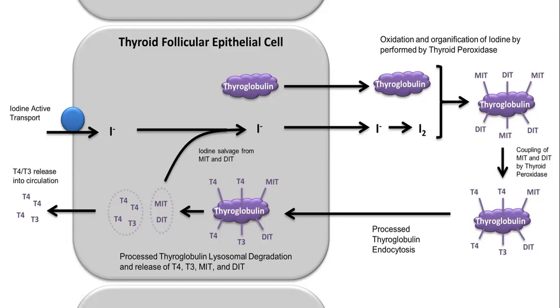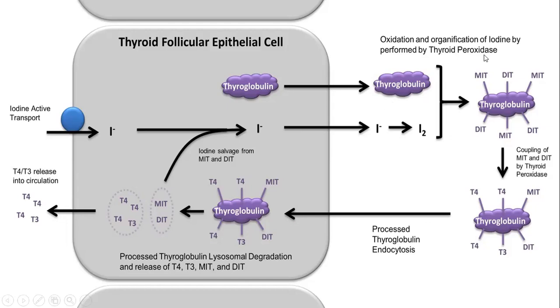An enzyme called thyroid peroxidase is present in the colloid of the follicular lumen. So this is the follicular epithelial cell side and this is the lumen. The colloid is where the synthesis basically happens.